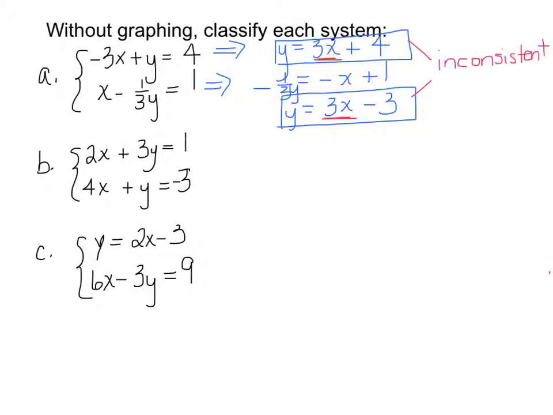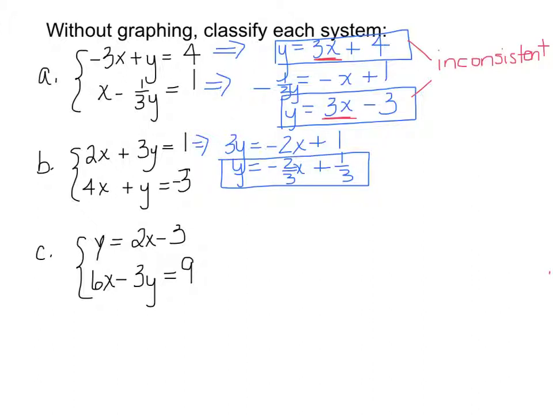Okay, and let's try this one. And you divide everything by 3. Don't forget to divide every term. And then the other one, we're just going to subtract the 4x.